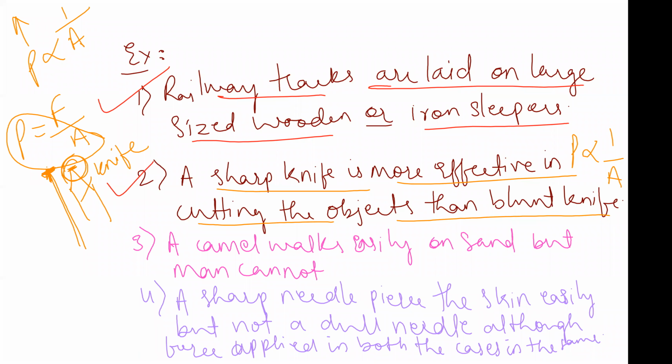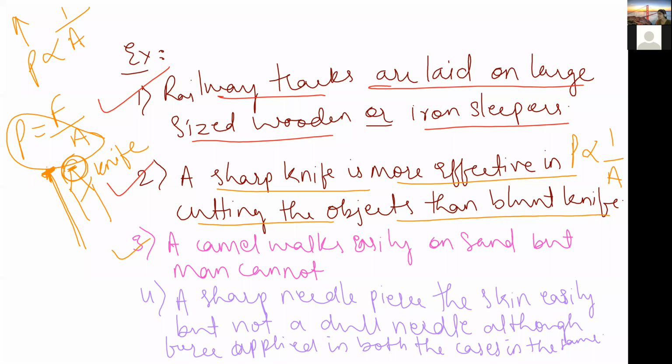In a desert area, the camel's foot has a large surface area in contact with the sand, whereas for humans the surface area is small. That is why a runner wears running shoes. Why? As the surface area is small we can run fast. So this is one of the examples for pressure. Similarly, the fourth example: a sharp needle pierces the skin easily but a blunt needle cannot. Why? Because it depends upon the surface area. So these are some of the examples for pressure.